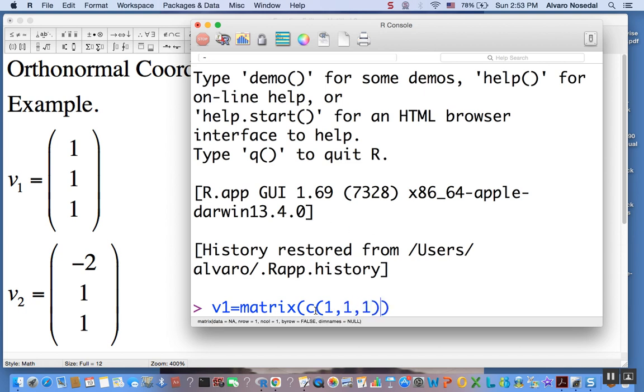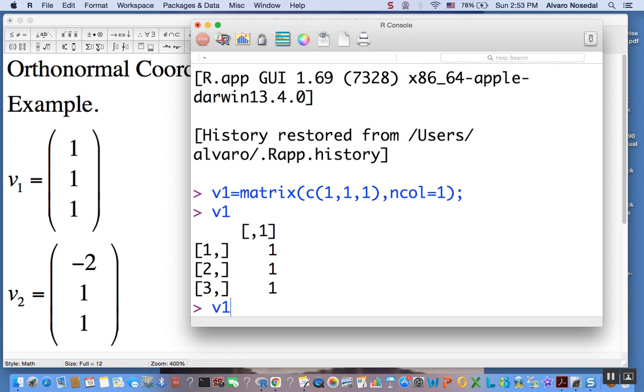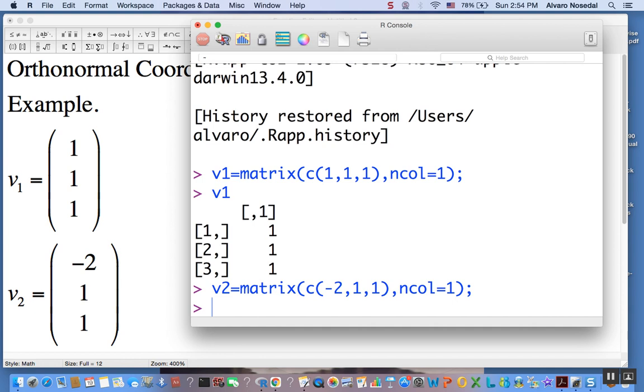Again, as usual, we're using that c function, concatenate. We want only one column. That should do it. v1, yeah, that's the one we want. Let's do something similar with v2. That guy is going to be negative 2, 1, 1. Perfect.